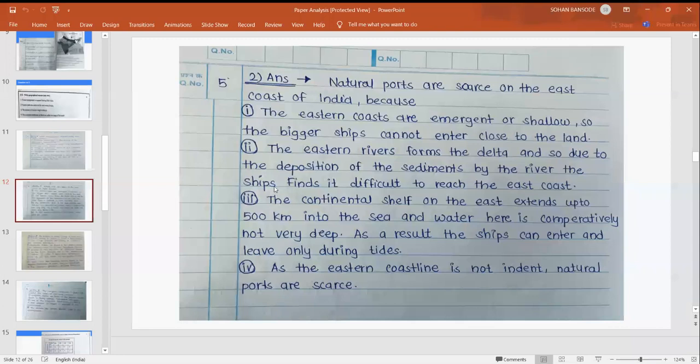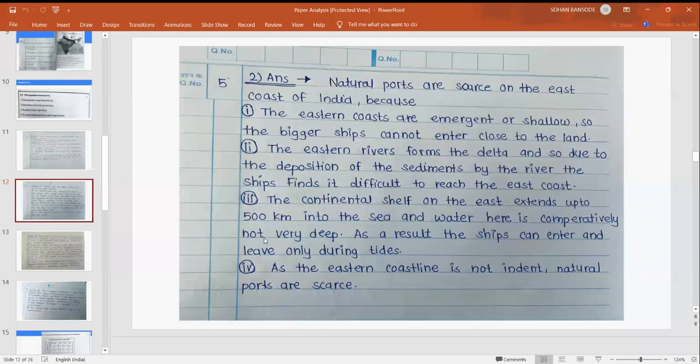The continental shelf on the east extends up to 500 kilometers into the sea, and the water here is comparatively not very deep. As a result, the ships can enter and leave only during the tides. Fourth point is, as the eastern coastline is not indented, natural ports are scarce. So these are the points.